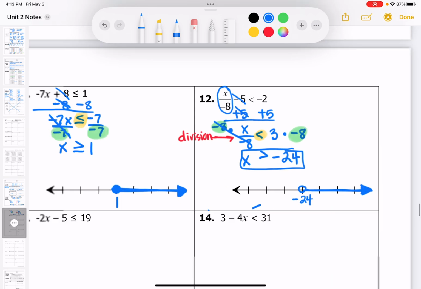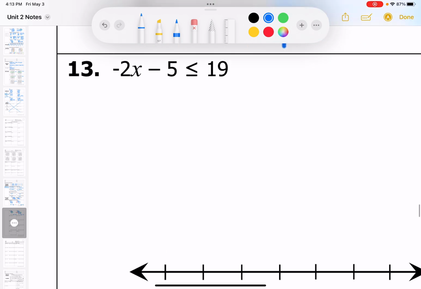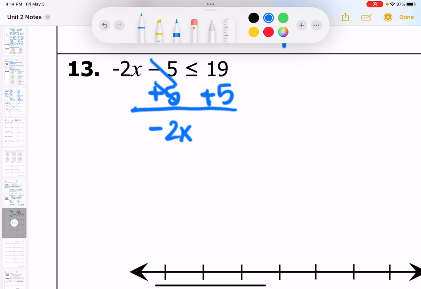All right, number 13. Negative 2x minus 5 is less than or equal to 19. So first I have to get negative 2x by itself. So I'm going to add 5 to both sides. So that leaves me with negative 2x is less than or equal to 19 plus 5, which is 24.